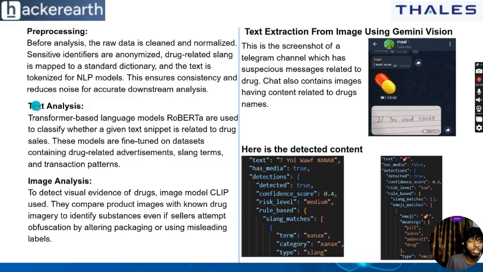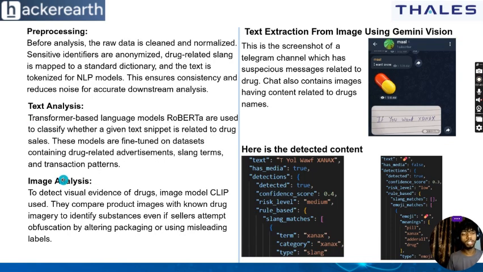Then comes the text analysis. We are using a transformer-based language model, RoBERTa, to classify whether the given text is drug-related content or not. And we are using XLM-RoBERTa for the different kinds of languages.